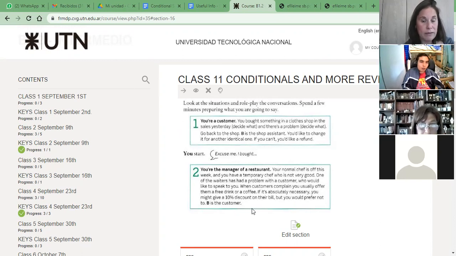Okay, so in the first case, Marta is the shop assistant, and Nico, you are the customer. In the second case, Lucas, you are the manager, and Marta, you are the customer. We'll give time for Marta to think, okay, because it's a lot for her. You can do the role, the 2 of them, because it's easier and cleaner. Then we will change.